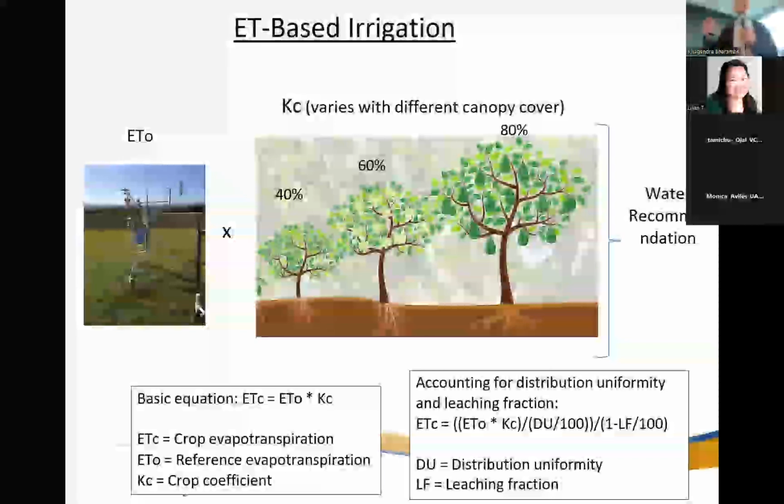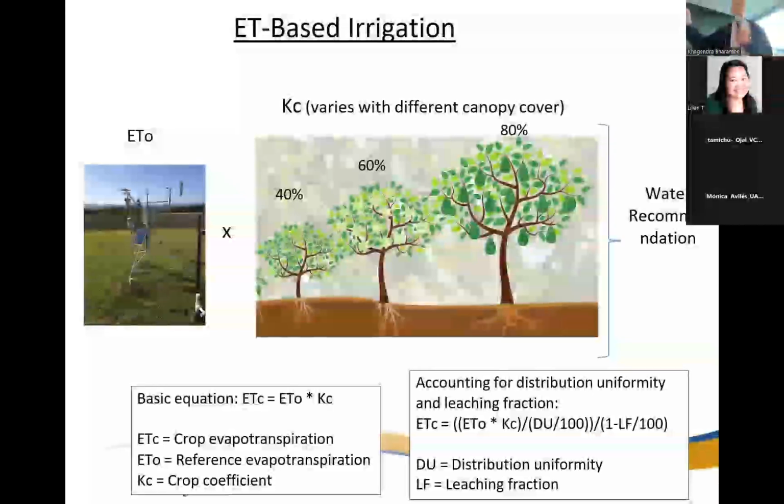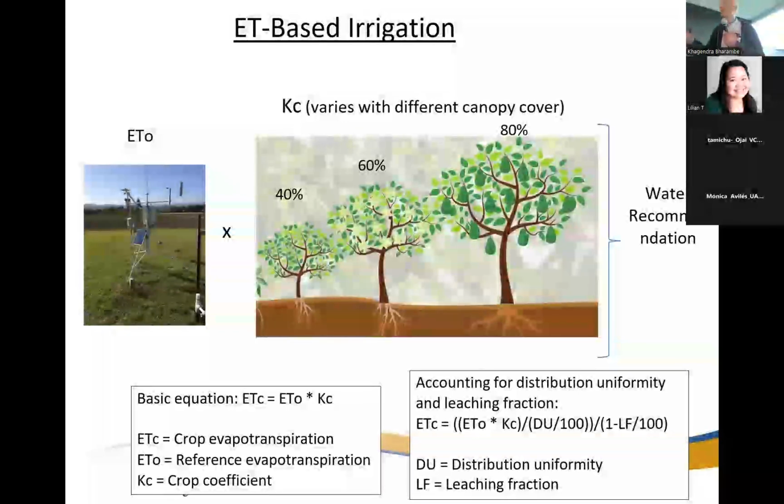And so when you have a poor distribution uniformity, you have to put on more water than the crop needs in order to get adequate water onto the emitters that are putting on the least amount. So you have to up the amount of water, so you tend to over-irrigate some plants more than others. And then you have a leaching fraction.